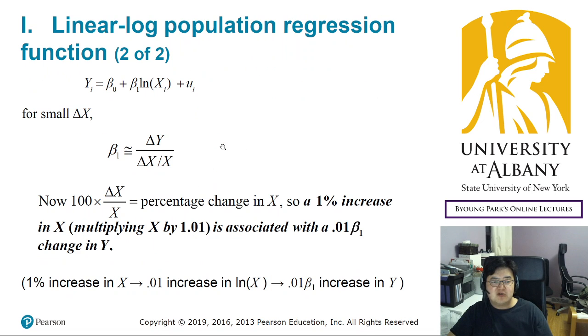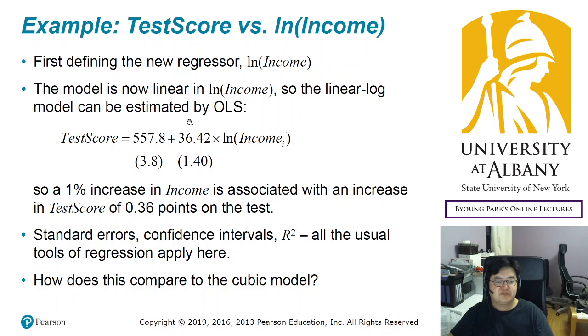So this part, log of x equals 0, happens at a different value of x. It's not x equals 0. And implementation wise, everything is the same. How we calculate standard errors, R-squared, confidence intervals, p-values, all the same. So you may use the same regression command. There is no difference in calculation.